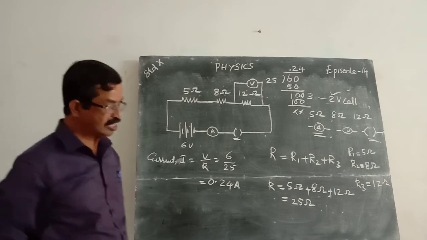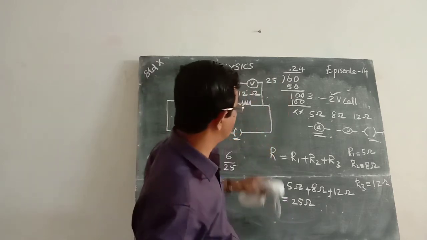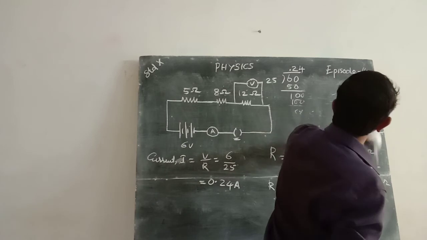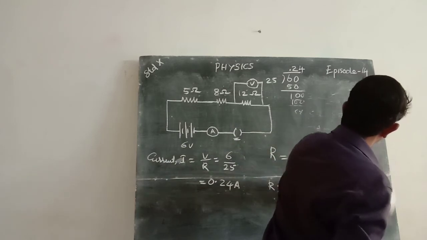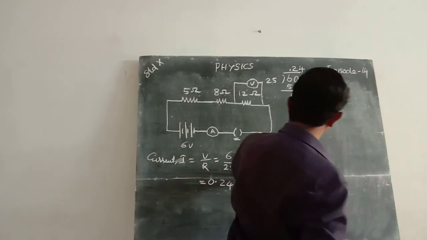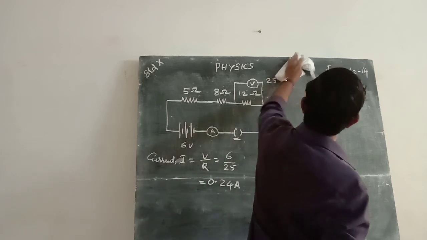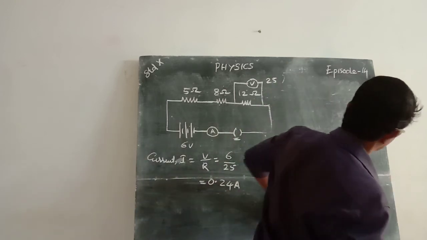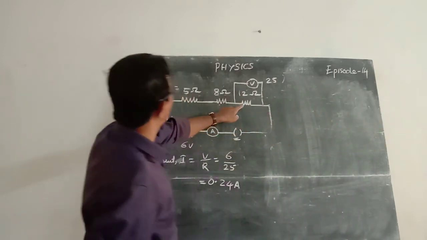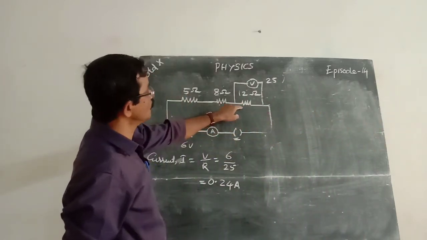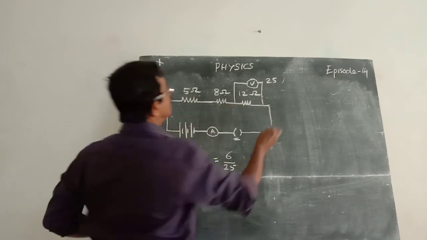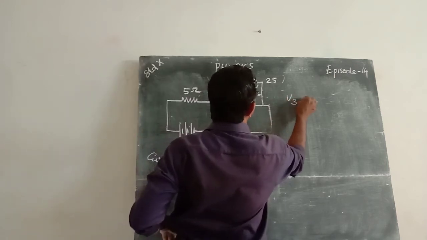Now the question is to find the potential difference across this 12 ohm resistor. We take it as V3.